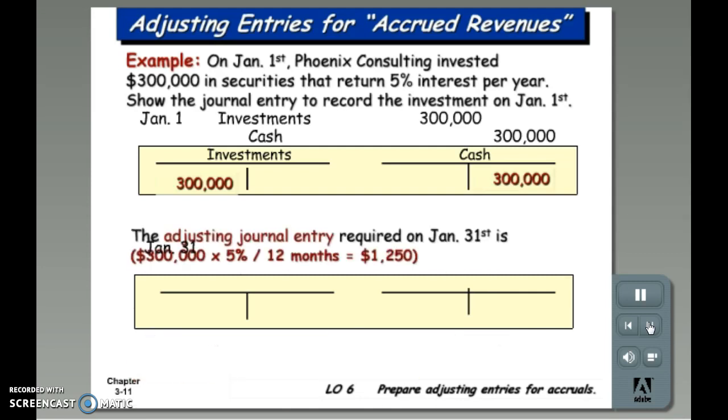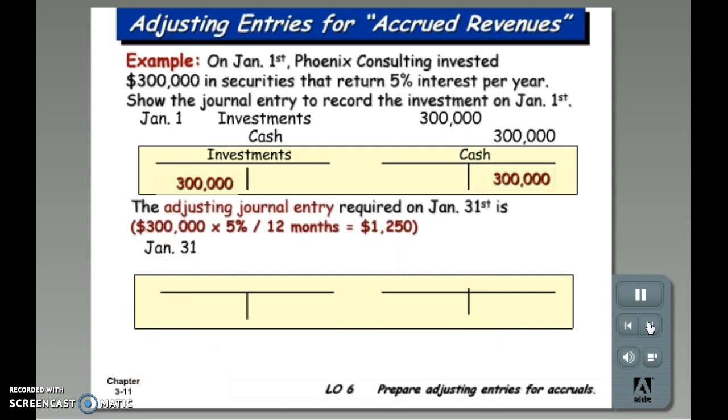In our example, 1 month's worth of interest is calculated by multiplying the principal amount of $300,000 by the given annual interest rate of 5%, and then by multiplying that by 1 divided by 12 months, because interest is only being calculated for 1 month. The amount of interest earned to be recorded is $1,250.